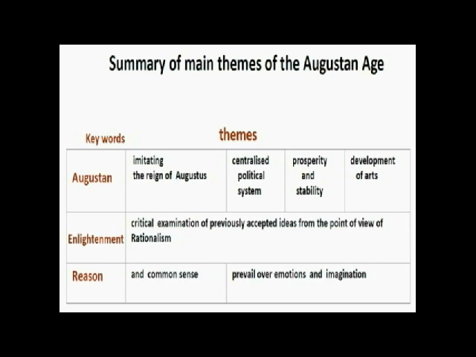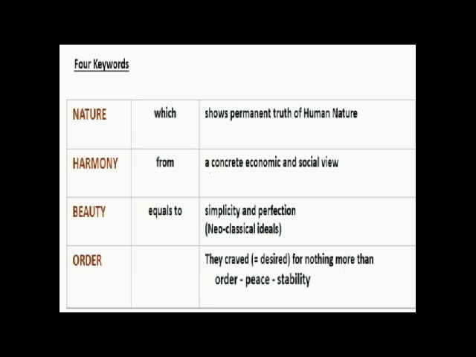It's also called the Enlightenment because they tried to analyze previous ideas through reason. And reason, because common sense prevails over imagination. We saw also the importance of nature, harmony, beauty, and order to preserve stability.